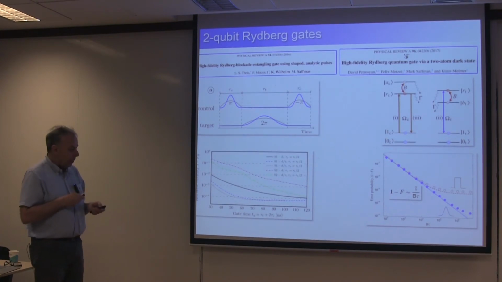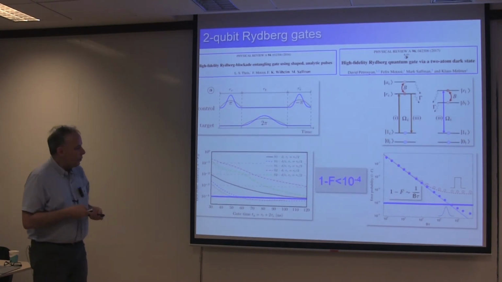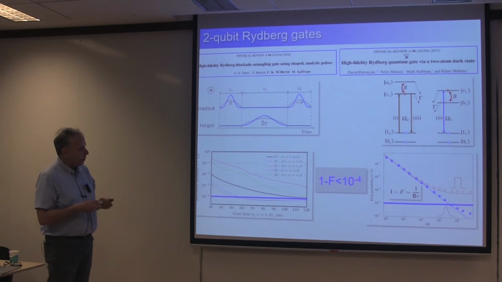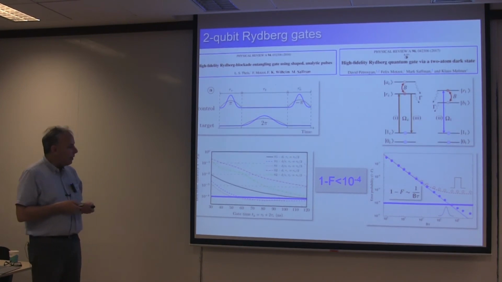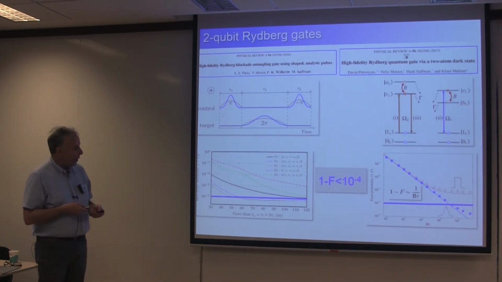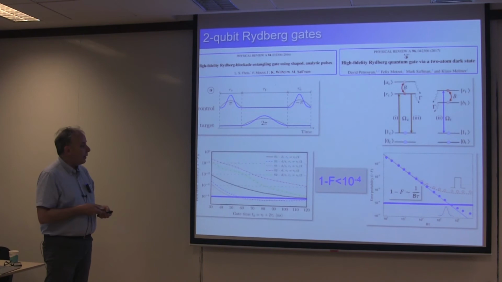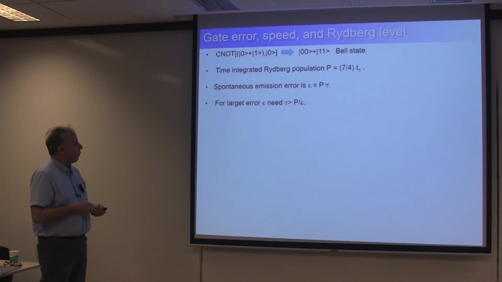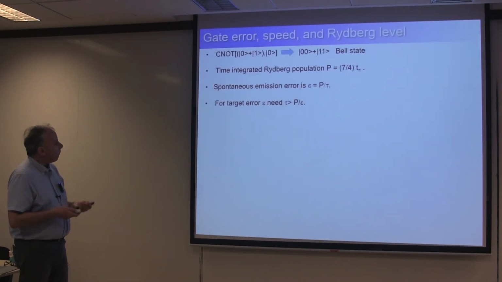So it's got a better scaling. For both of these gates, using detailed analyses with real atomic structure, we can find parameters that go below 10 to the -4 error. So we have a strong theoretical indicator that we can achieve high fidelity with these. The challenge then is to actually implement it in practice in the lab, which is something we're working towards.